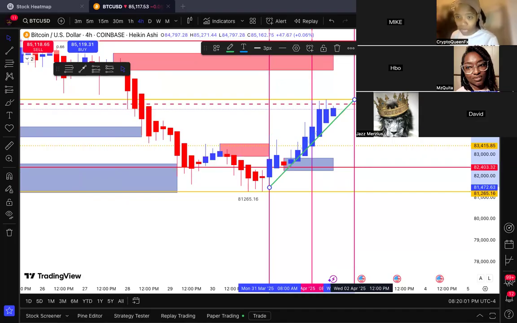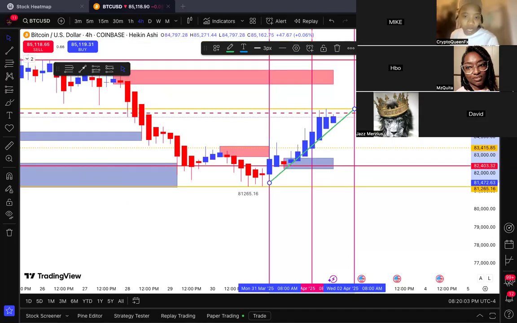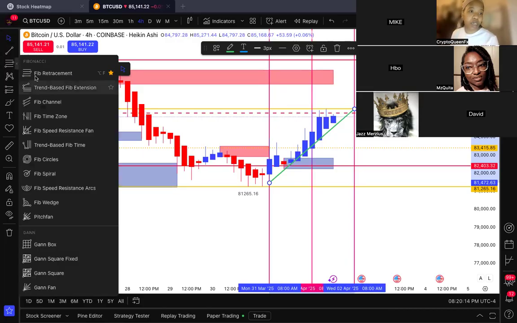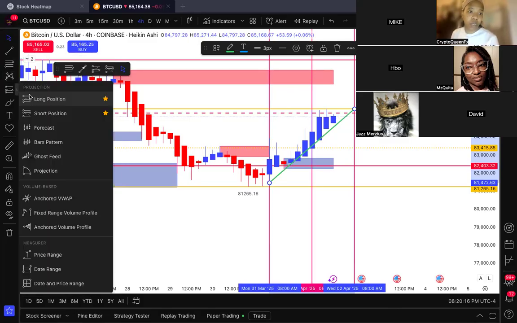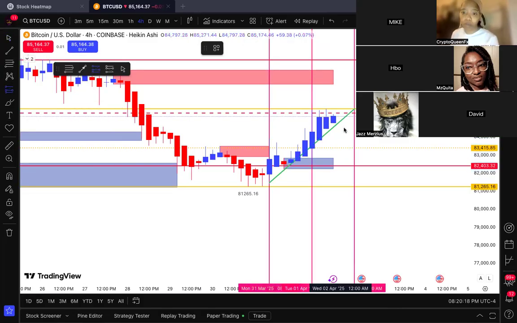So when it breaks that, it's gotta break it with force. So it'll be like a heavy buy. But you can bring your take profit into here.